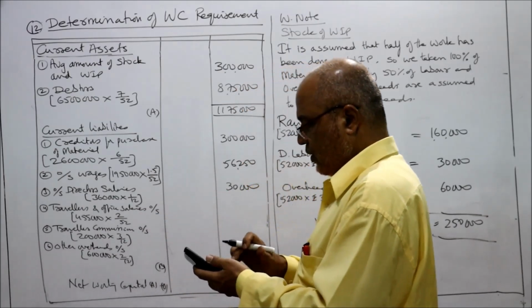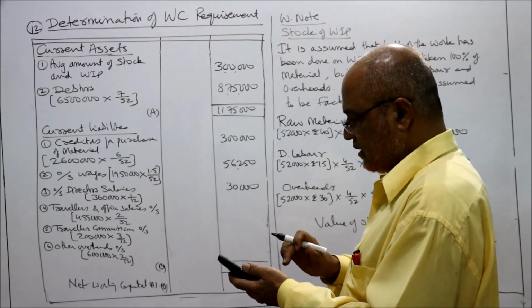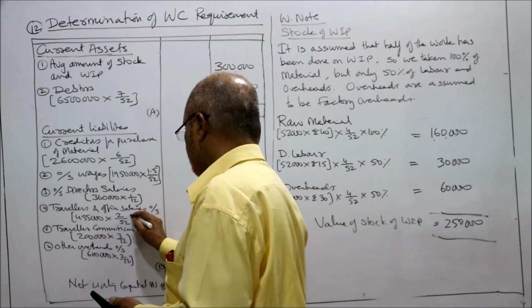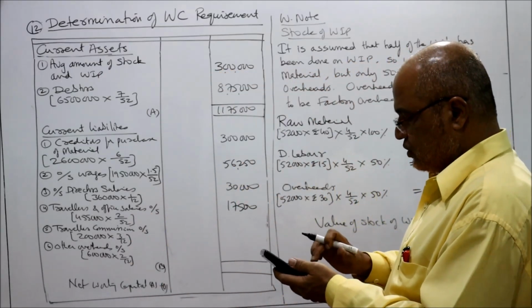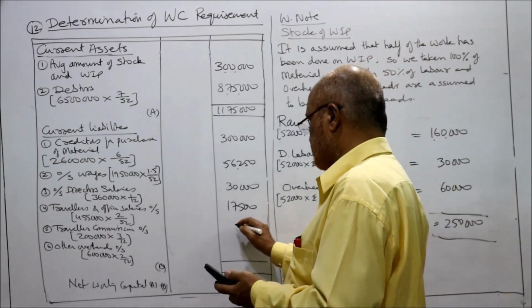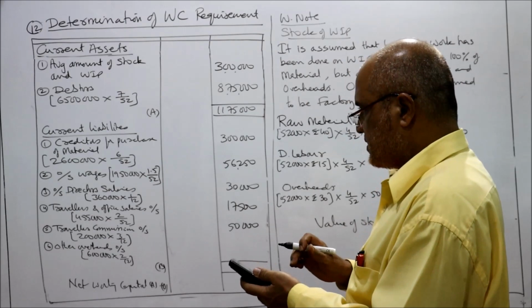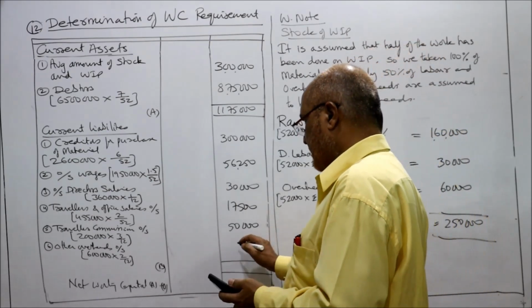Here it is 4 lakh 55,000 into 2 divided by 52, 17,500. 2 lakh into 3 divided by 12, 50,000. 6 lakh into 2 divided by 12, 1 lakh.